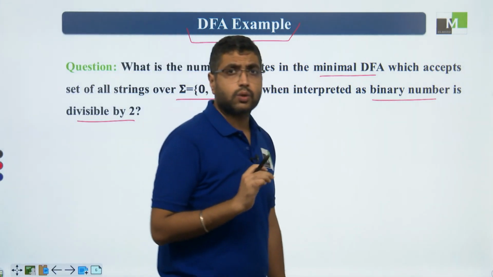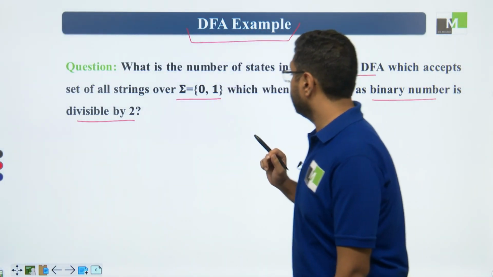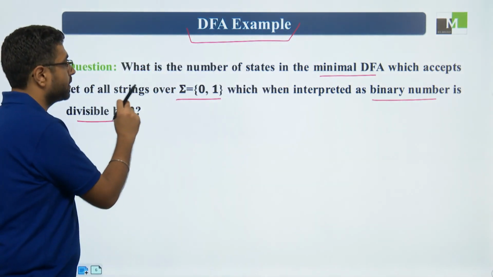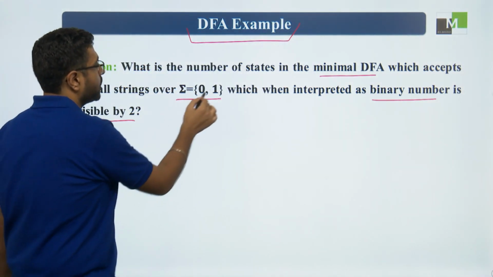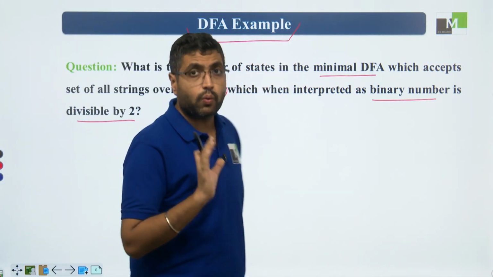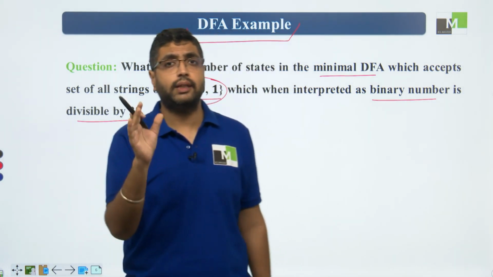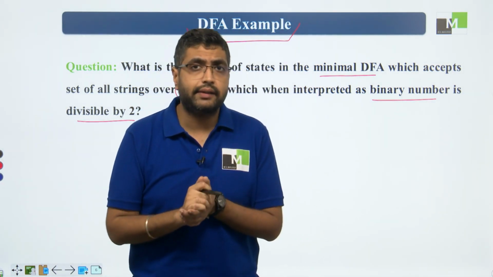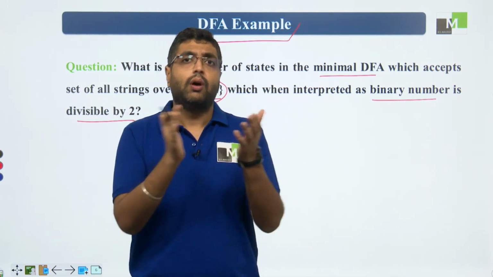right? So let me read it out again. What is the number of states in the minimal DFA which accept set of all strings over sigma equals to 0, 1, which when interpreted as a binary number is divisible by 2? So what is the meaning of this question? You have been given binary strings and you have to tell by looking at that binary string whether it is divisible by 2 or not.